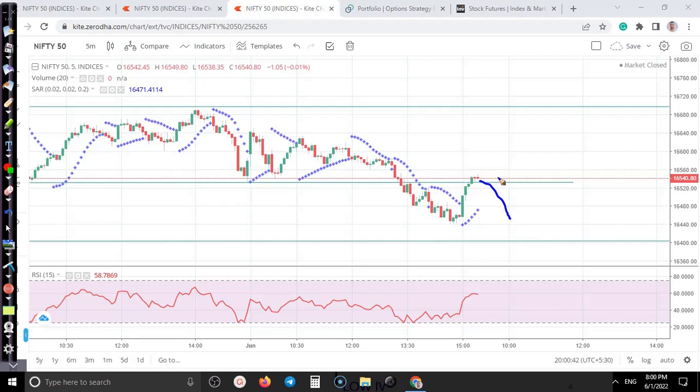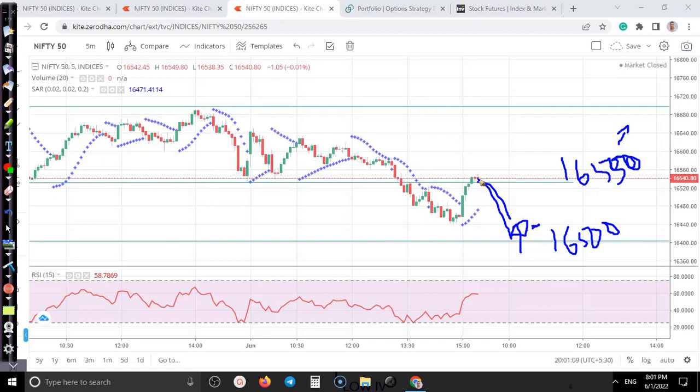So my entry point is above 16,500. If they form a bullish signal at 16,550, we will go for a buy. Next, if price drops and they form any bullish signal around 16,500, definitely we will go for a buy.